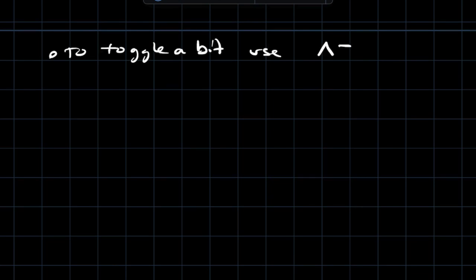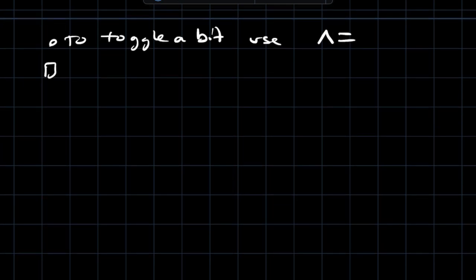Okay, last operation to mention in this video is toggling a bit. We use exclusive OR equals. Exclusive OR, again in the bitwise sense, is the up caret. And to see what I mean by this, we're going to do an example.